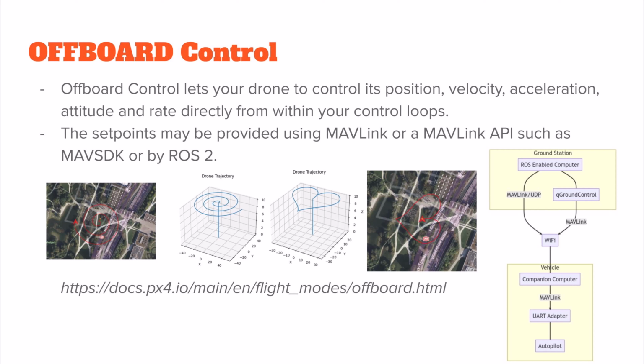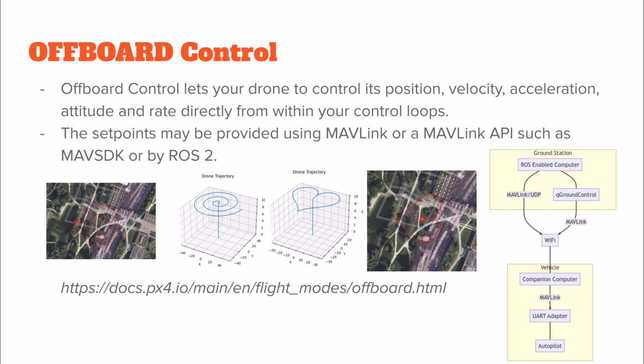The companion computer should continuously send MAVLink commands to the PX4 and let the PX4 just run those commands. The companion computer decides at each second or each time step what acceleration, what velocity, and what position it should be at that specific time.